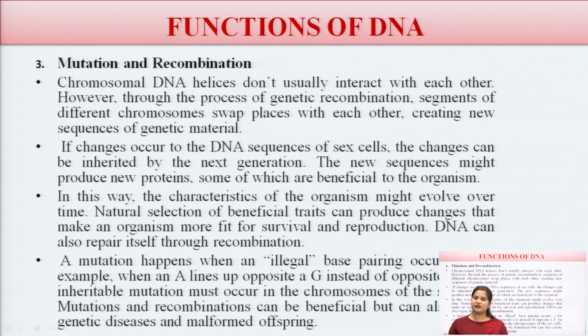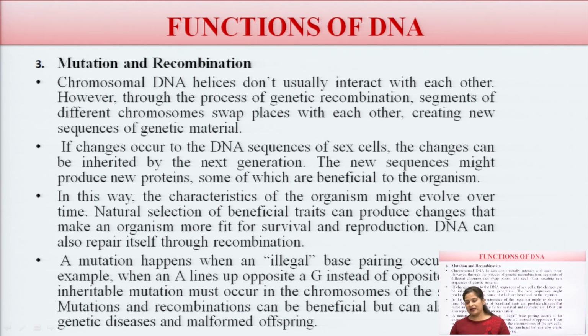If the changes are made in the current generation, they continue into the next and subsequent generations. The new sequence might produce a new protein, some of which are beneficial to the organism.